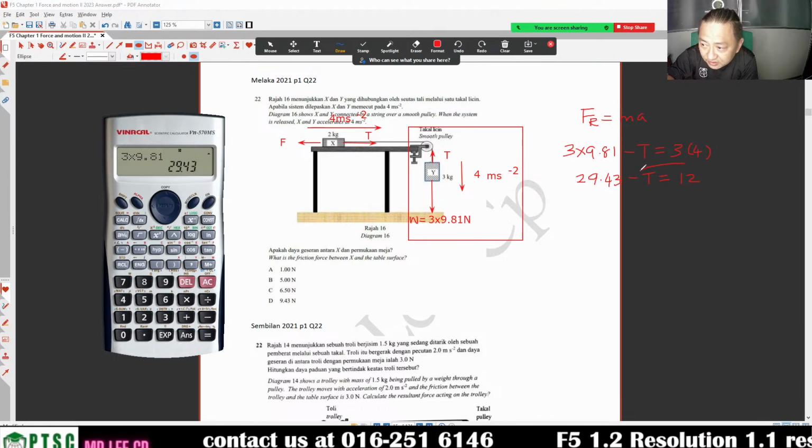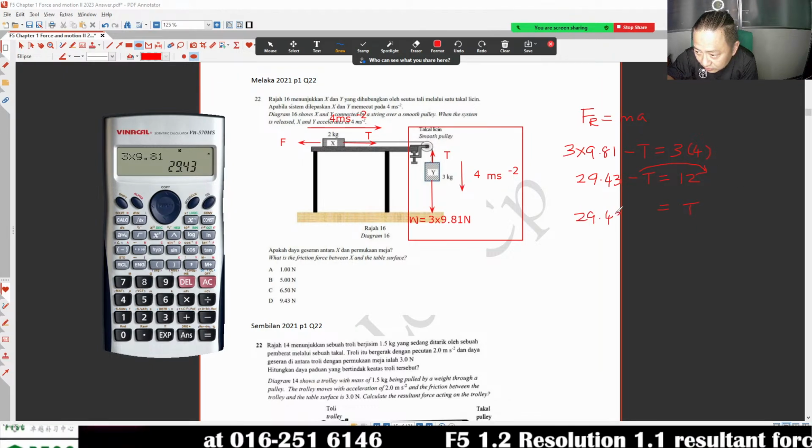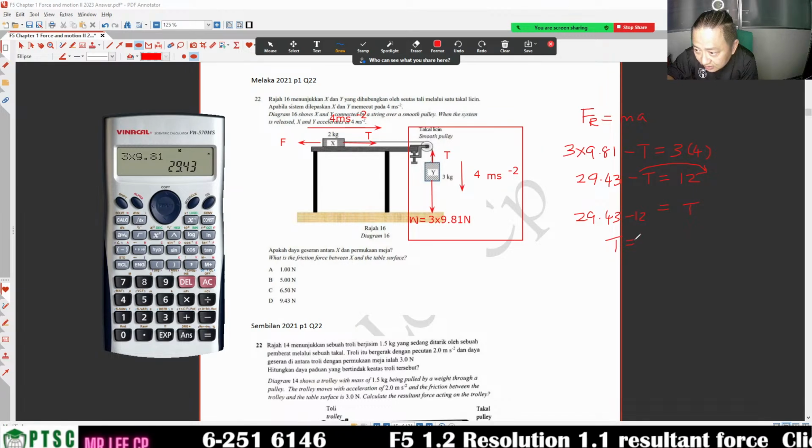Bring the negative T over to become T: T is 29.43 minus 12.